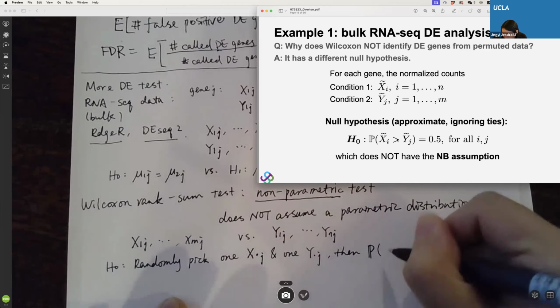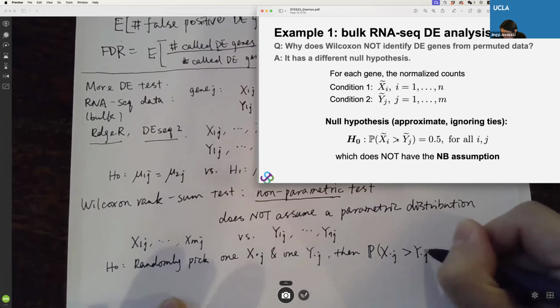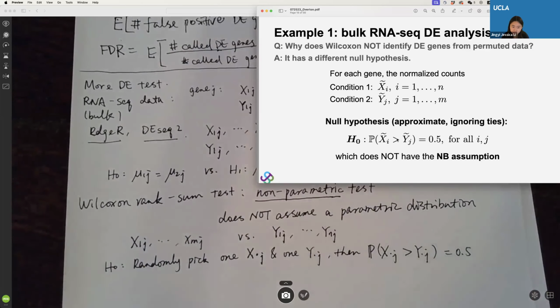Then the probability that this x dot j is larger than this y dot j is 0.5. It means that it is equally likely which value is bigger.